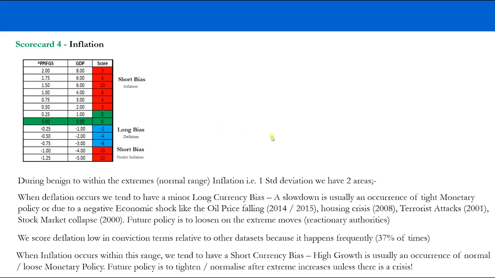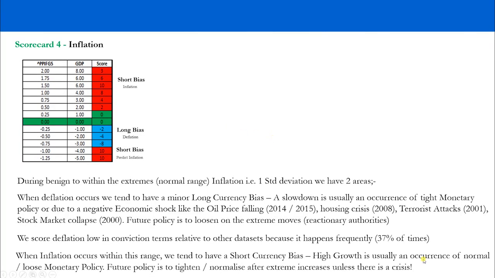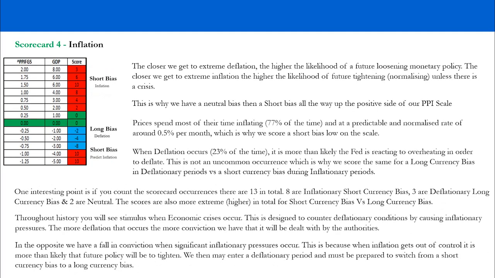there is a crisis. Now, if we try to cement our understanding of this a little bit further, the closer that we get to this extreme deflation level, it's now pretty obvious in these circumstances that we have a higher likelihood of a future loosening monetary policy.